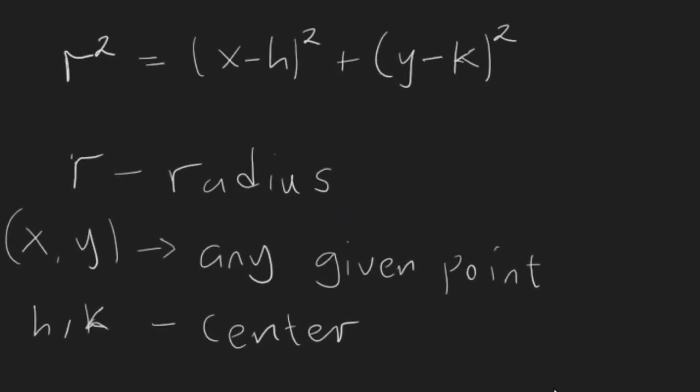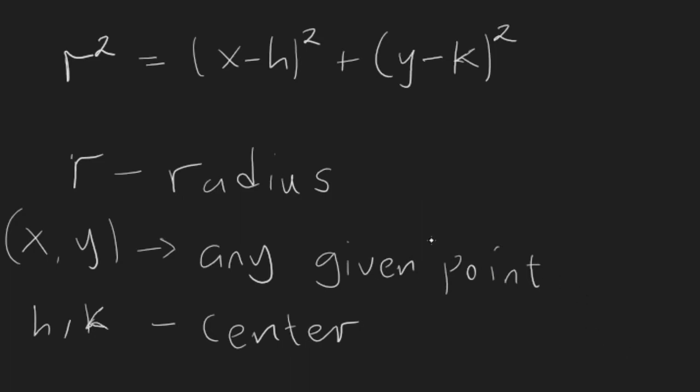So now we're going to show why we say r squared is equal to x minus h all squared plus y minus k all squared is the equation of a circle. We know our parameters: r is the radius, and the x and y are any points on the circle.